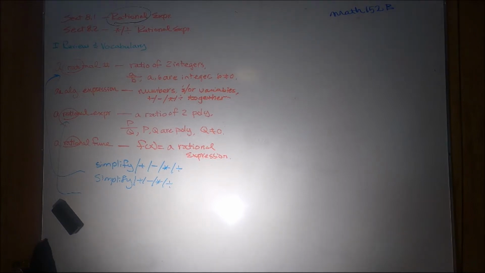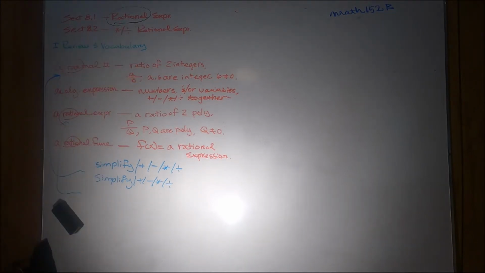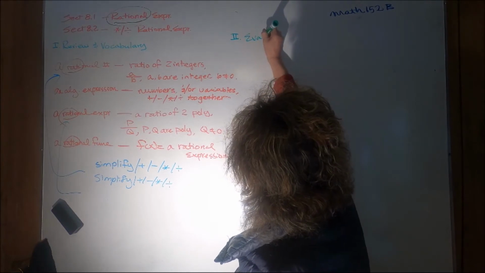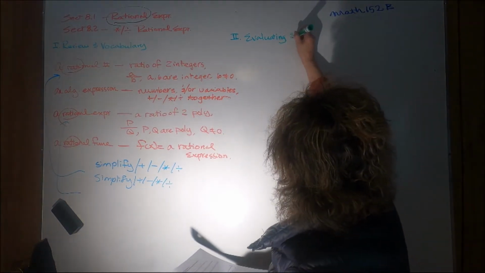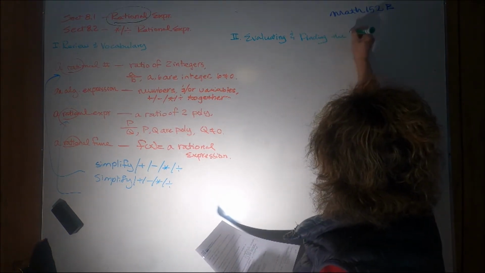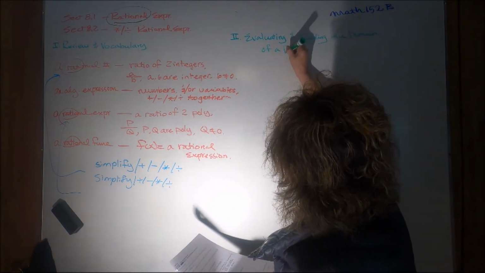We are going to do multiplication and division first. Okay? But before we start those basic skills, we are going to talk about evaluating and finding the domain of a rational function.